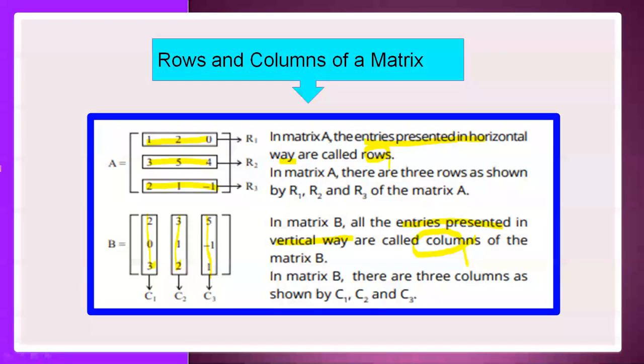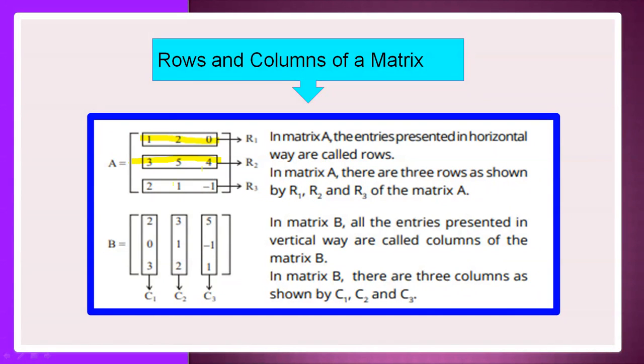If I have matrix A and I collect all these numbers and arrange them in a specified manner in rows and columns, I have to give some space between the numbers. So remember it.